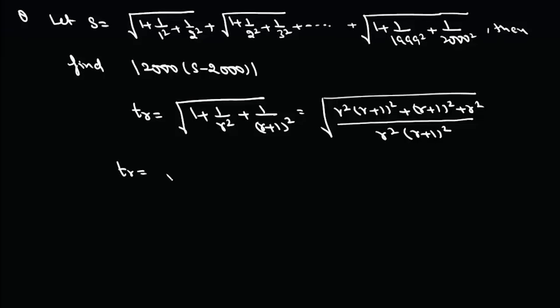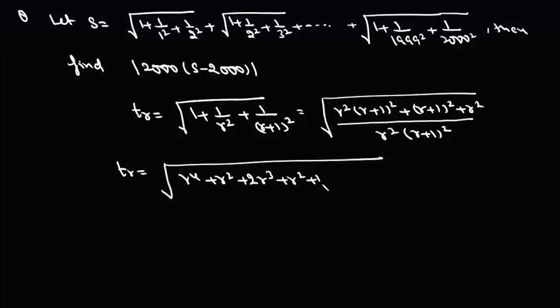We want to simplify this. We can write this as r to the power 4 plus r square plus 2r cube plus r square plus 1 plus 2r plus r square upon r square into (r plus 1) whole square.